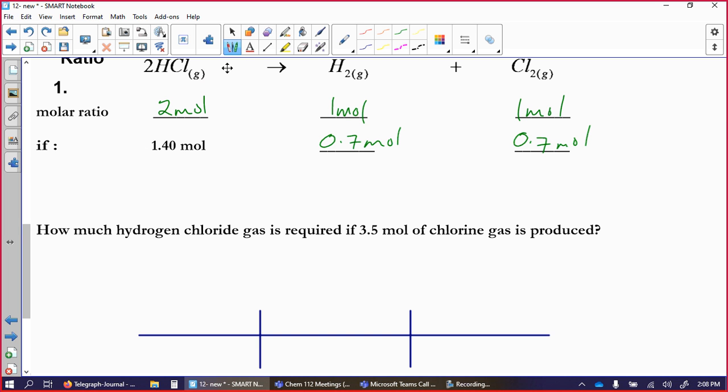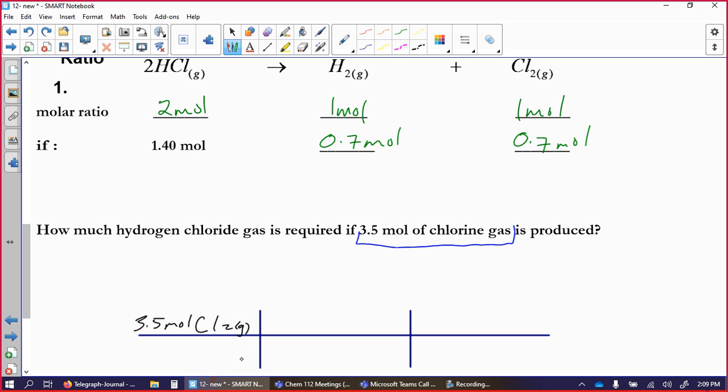So even though this equation starts with hydrogen chloride, we have a number. Whatever number you're given in the question starts up here. I'm going to use a different color. That's 3.5 moles of chlorine gas. In the calculation, I'm not super worried about the state, but we can put that there.